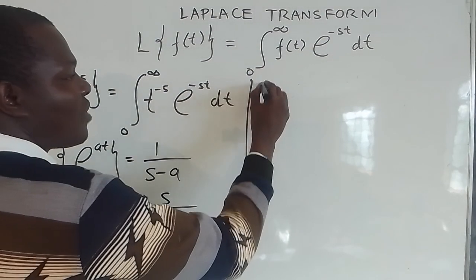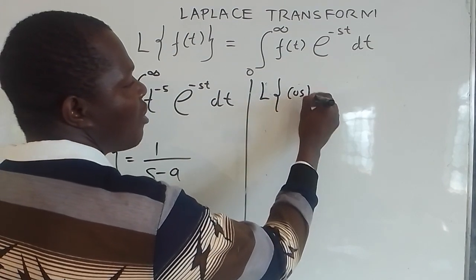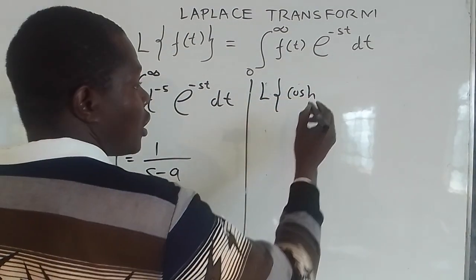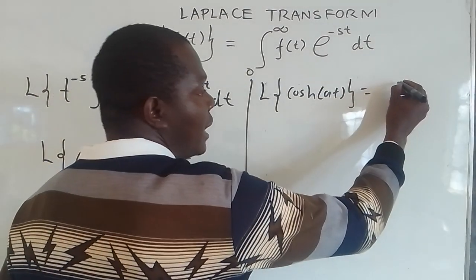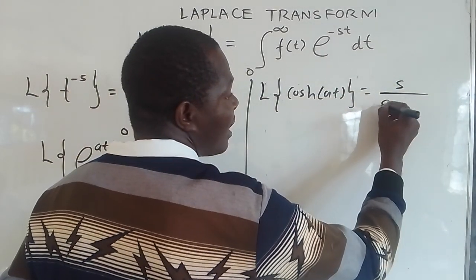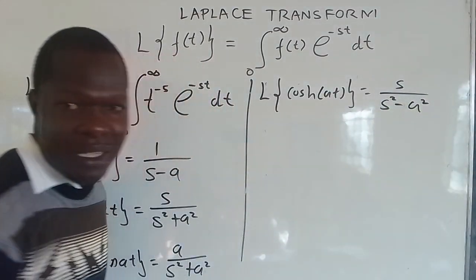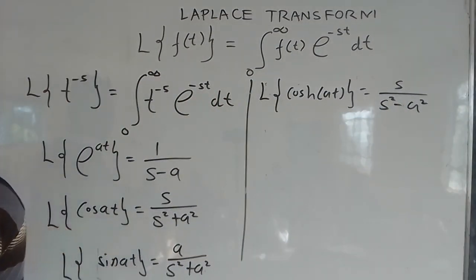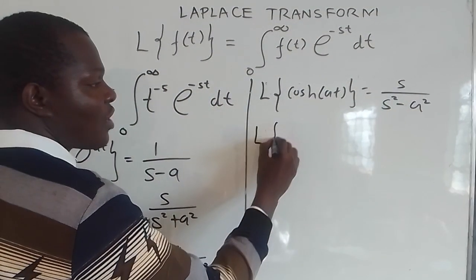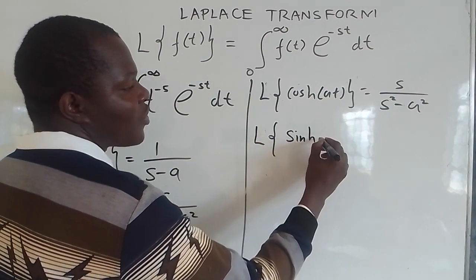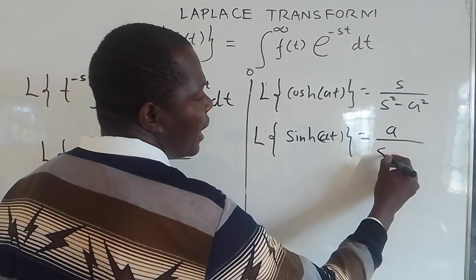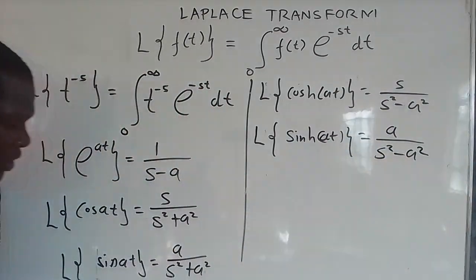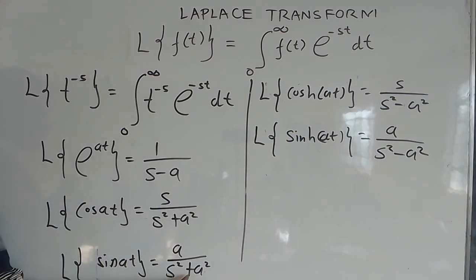So it means you found out that the Laplace transform of cosh at is given by s over s squared minus a squared, isn't it? And you went ahead, you found that the Laplace transform of sinh at is given by a over s squared minus a squared, because for the sinh the negative sign was coming in the middle, isn't it?